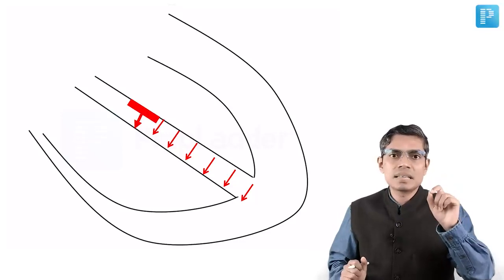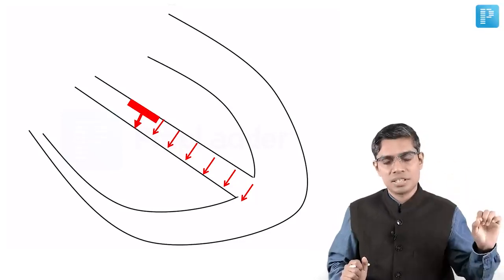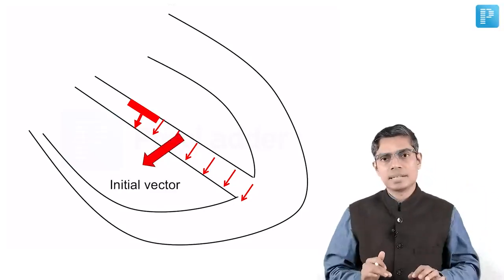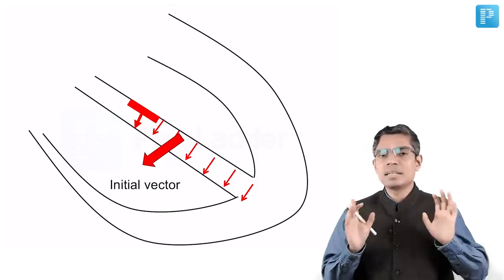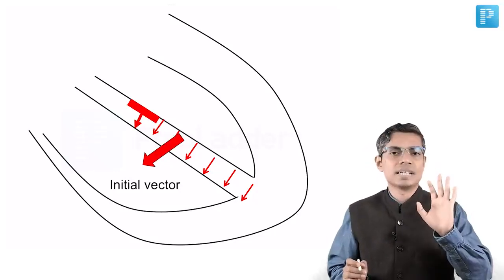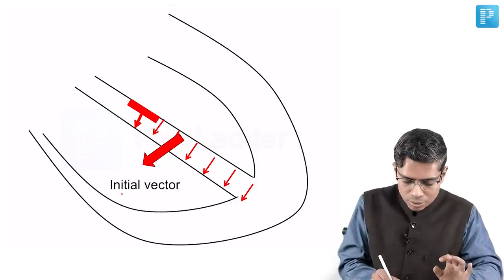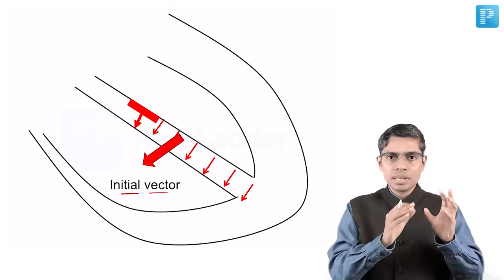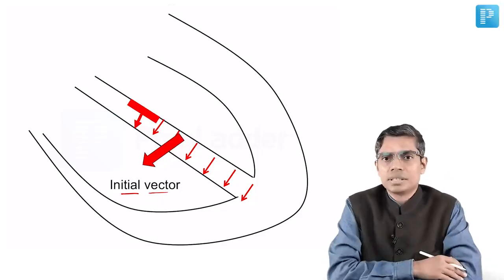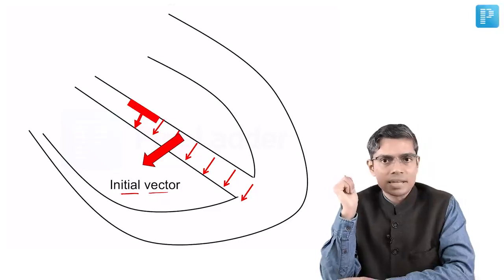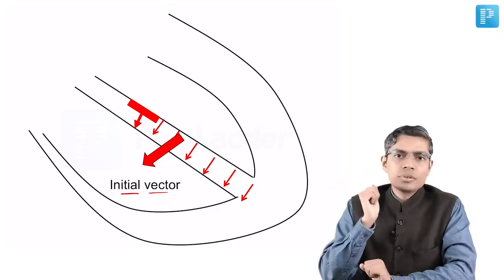That is the instantaneous mean vector, which will be recorded by a voltmeter or ECG machine. The instantaneous mean vector for this septal depolarization is known as the initial vector. Getting my point? Please note down: initial vector. Look at the direction, the color and the thickness. Everything matters here.